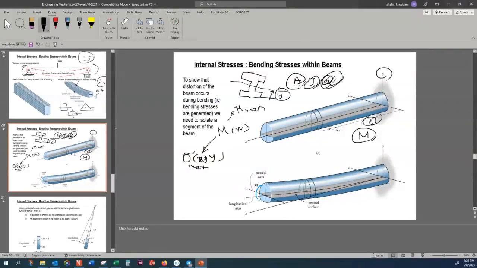That is how X would help you. But what about Y? If I tell you that this is my neutral axis, and above the neutral axis this is compressive, this is tensile. So yes, in the Y direction, my normal stress would change. You have to find whether here is maximum or here is maximum.